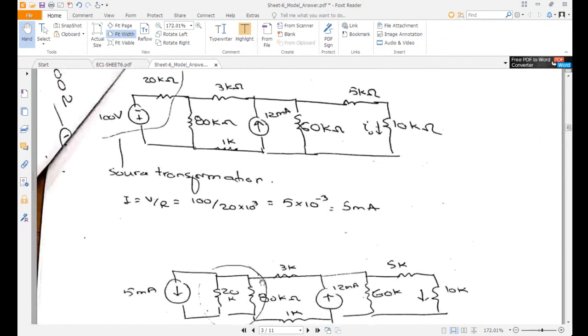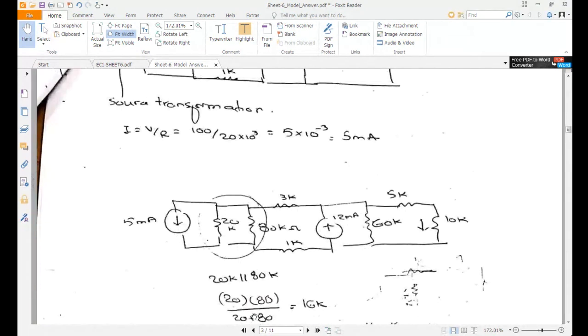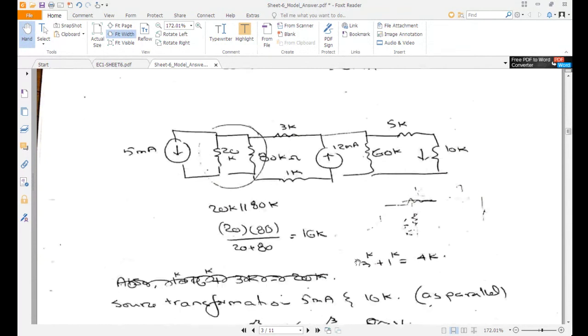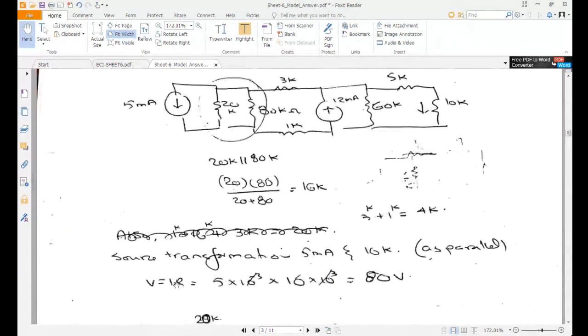Now 80 is already present here. These two are parallel. You will get 16 kilo. Now this 16 kilo with 5 milliamps can be converted into a voltage source by using Ohm's law, like this. 5 multiplied by 16 kilo equals 80 volt.